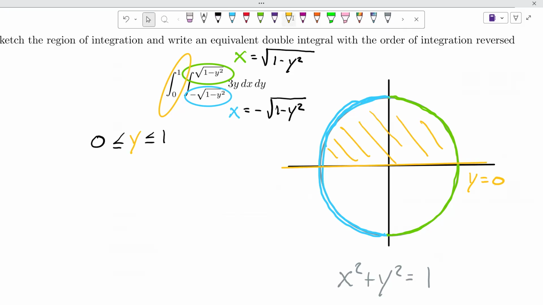So that's my region up there. Just the upper half of the circle. It's bounded on the right by the green half circle, on the left by the blue half circle. And then y is stuck between 0 and 1. So I'm just going up from the x-axis to the top of the circle.